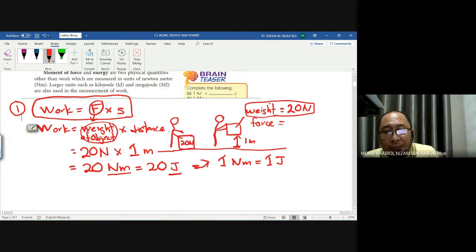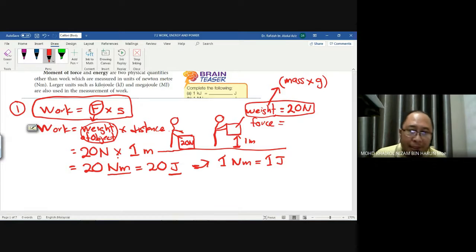And what you have to understand is weight is exactly the combination of mass times gravitational force. Any object will have its own mass.